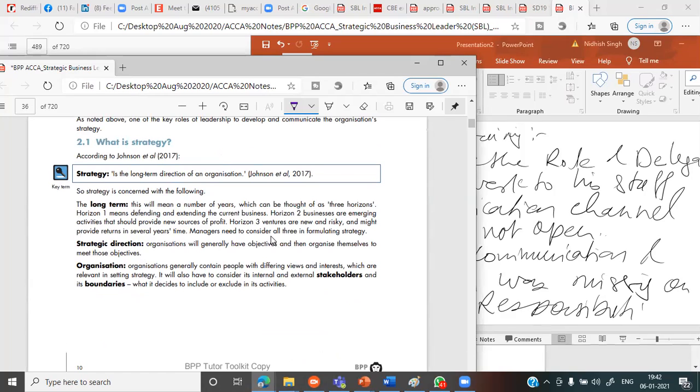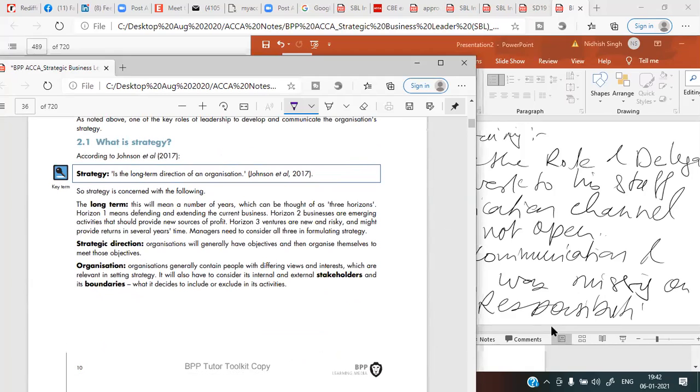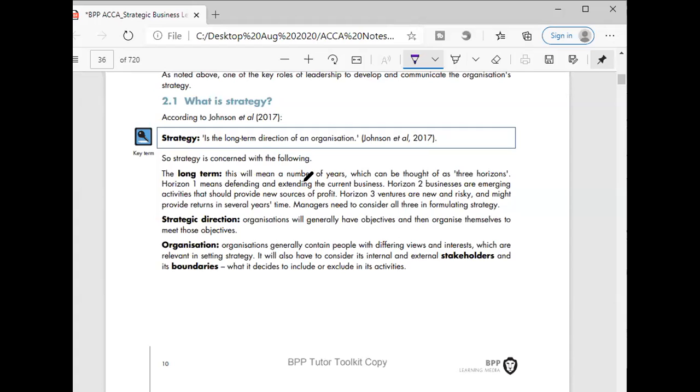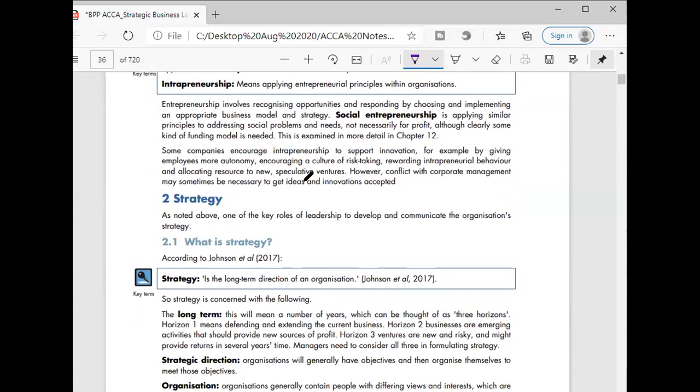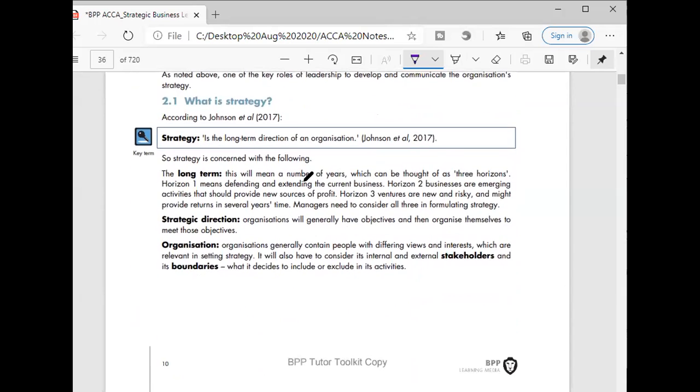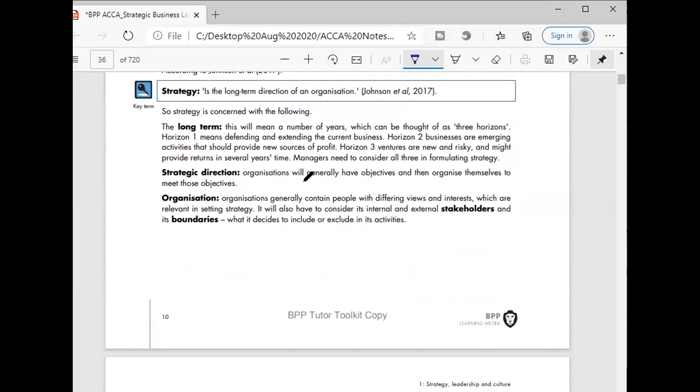Sorry, I actually moved from this page. I'll share the book. So here I am at strategy. On the strategy part, you'll see strategy is a long-term direction of an organization.